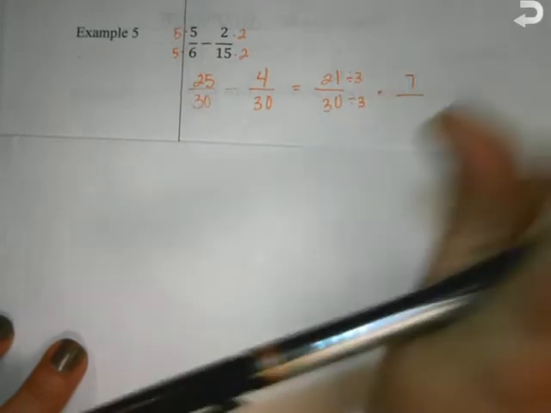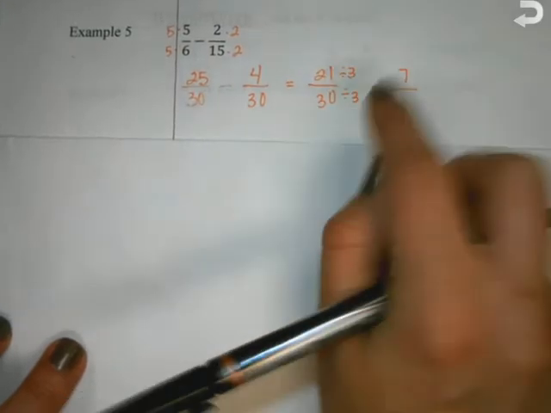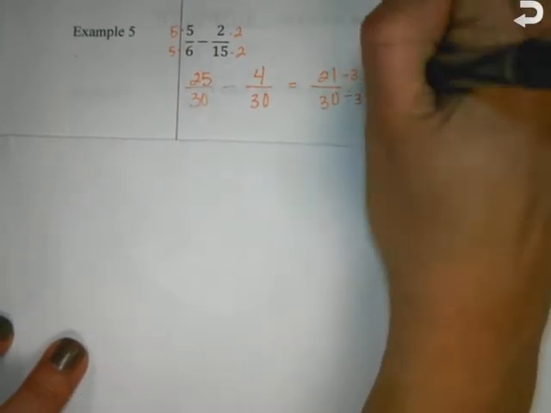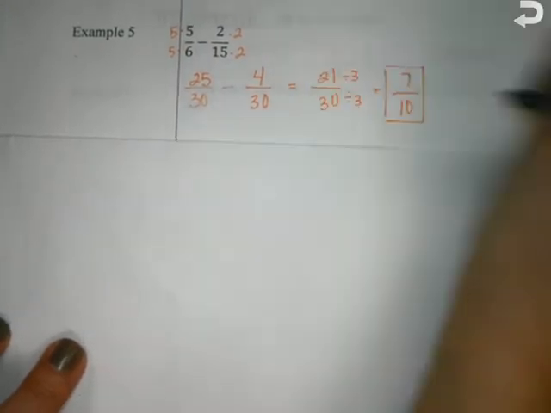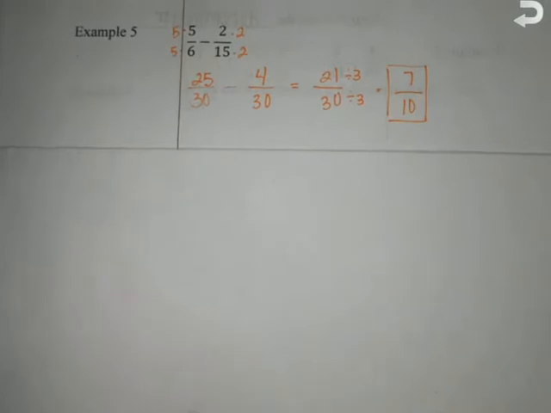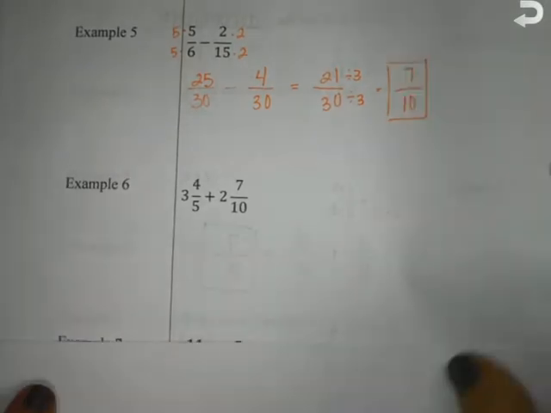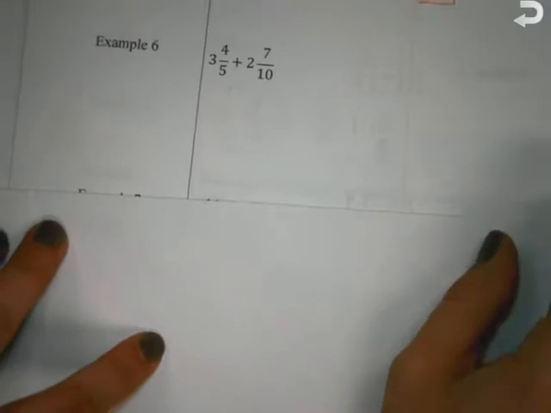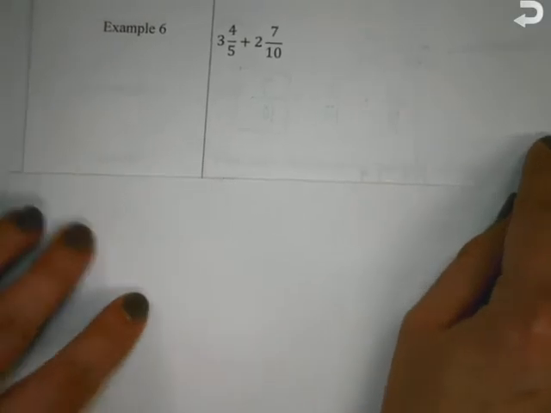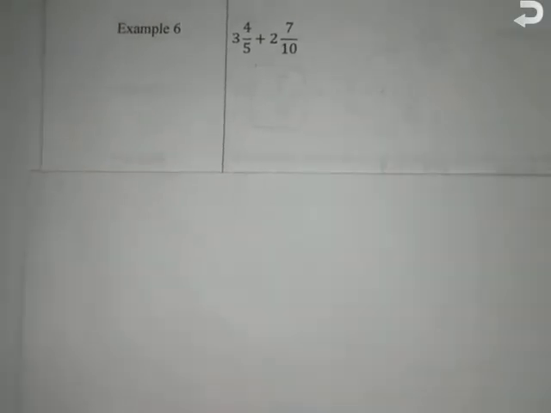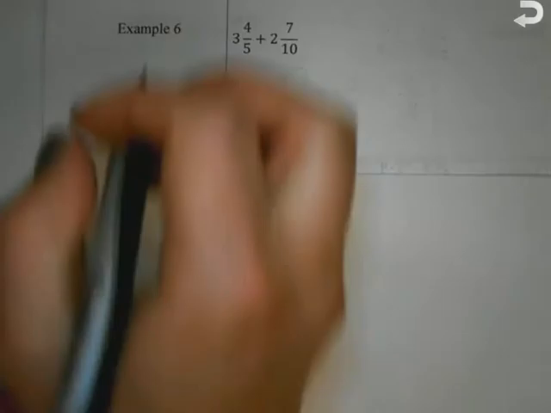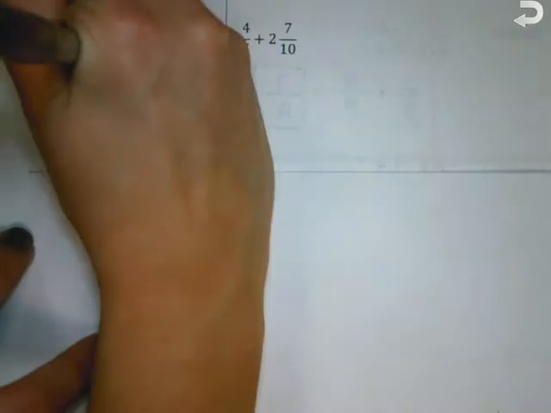Okay, all right. So what happens when we have a mixed number? I want you guys to write yourselves a note off to the side. If the problem has mixed numbers, then I want your answer to be a mixed number.